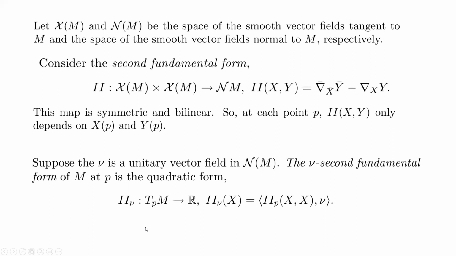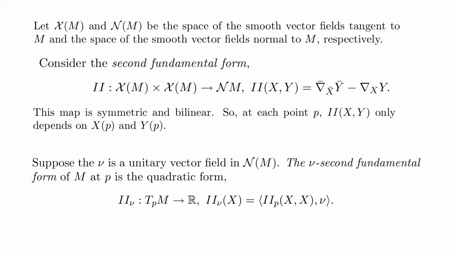So you define a quadratic form, take a vector here, we are just in a point, now we are not moving, and send it by this vector, you obtain a quadratic form, which is the second fundamental form at the point, evaluated in x and x at the point, then consider the dot product with the normal at the point. Okay, so this is a quadratic form. This form depends on the normal that you're under consideration.